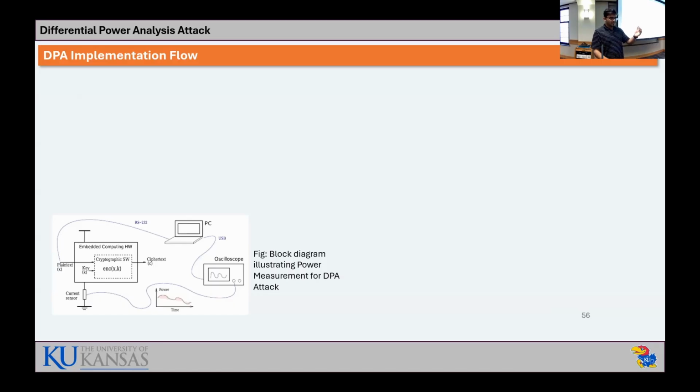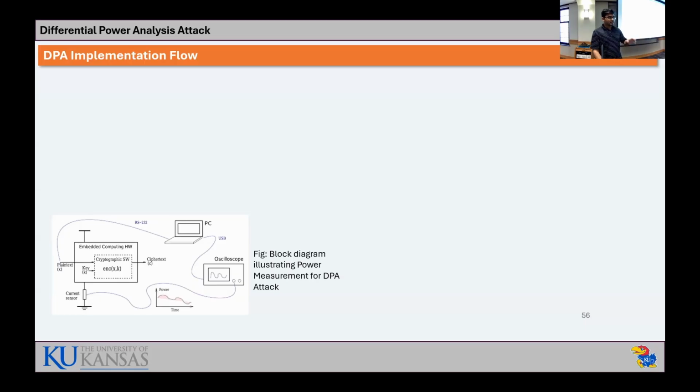Suppose you have the AES algorithm written in C or Python, you give the input, and you can see in the output how many bits are changing, right? This is your simulated algorithm. From this simulated data, you can get the simulated power model.